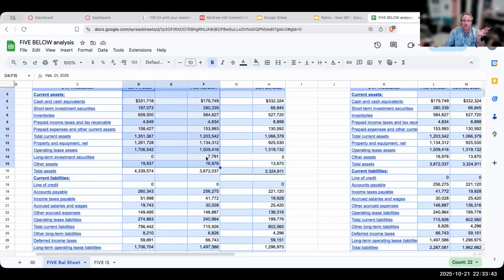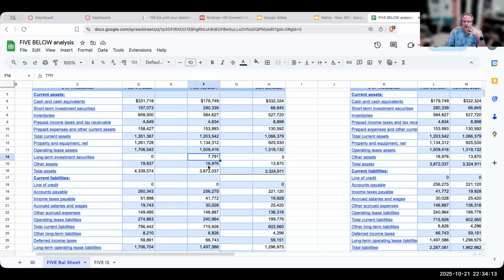For example, this long-term investment securities was buried in another number, 3,802,037. But as we look at these items over here, they made a restatement so that long-term investment securities are shown separately.